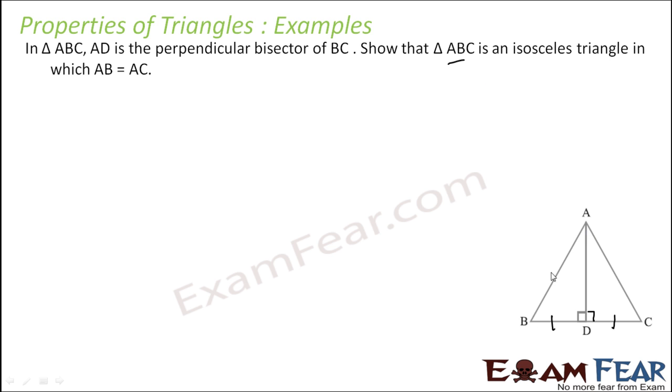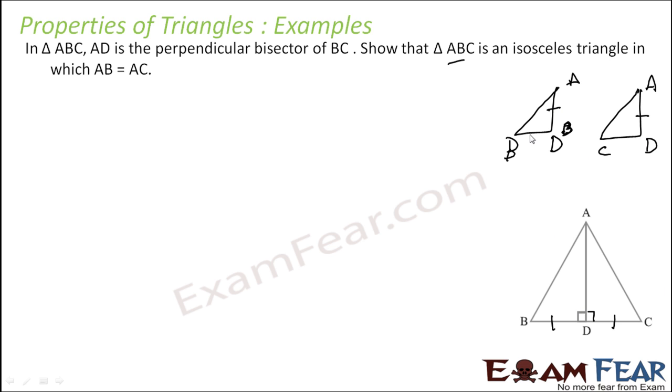To prove that it is an isosceles triangle with AB equal to AC, you have to prove that either this angle is equal to this angle, or that these two triangles are congruent, and that is pretty easy to prove. The next triangles which we should take are ADB and ADC.